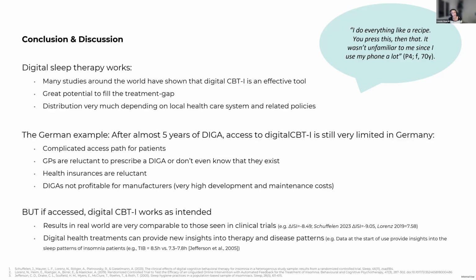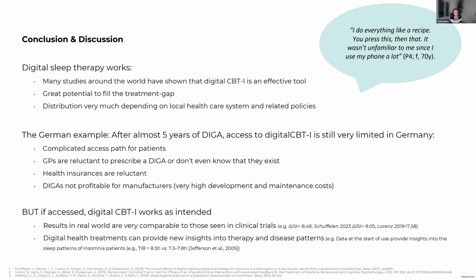So I think the distribution of those digital therapies depends very heavily on health systems, designs, and also policies. In Germany, even after almost 5 years of DiGA, the access remains limited due to really complex patient pathways, low GP awareness or willingness to prescribe, but also insurer processes and economic pressures on manufacturers. And third, when patients do access care, real-world results are comparable to clinical trials.